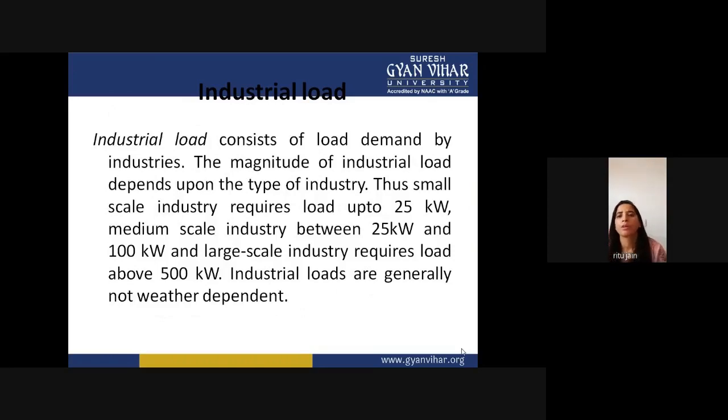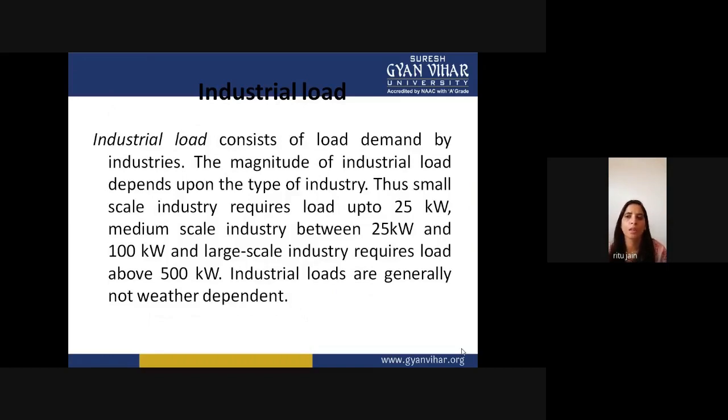Now we come to the industrial load. Industrial load consists of the load demanded by industries, that is, how much load you require from the power plant for your industry. The magnitude of industrial load depends upon the type of industry. It may be small scale, medium scale, or large scale industry.